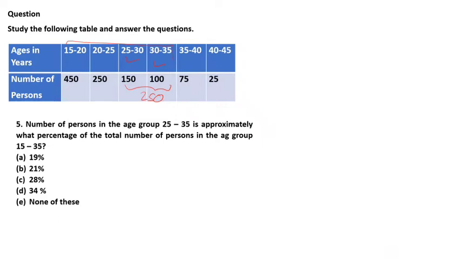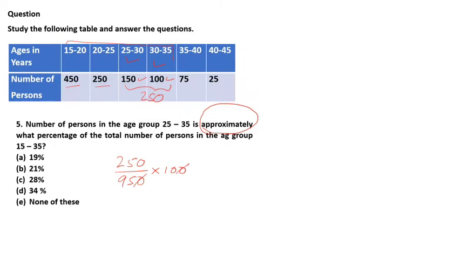So it becomes 450 plus 250 plus 150 plus 100. So 450 and 250 is 700, then 850 and 950. So 250 is what percentage of 950? This is what is asked. And we need only the approximate value. So you can cut zeros and zeros.